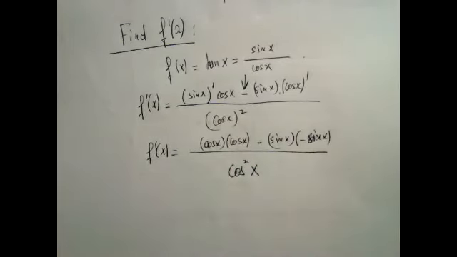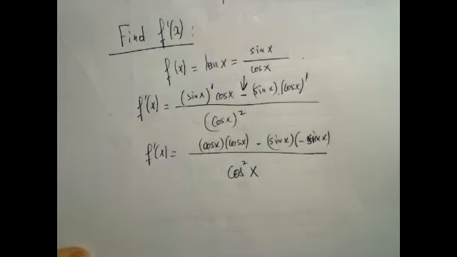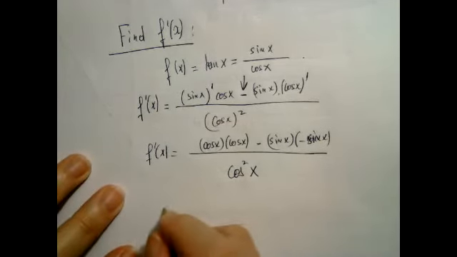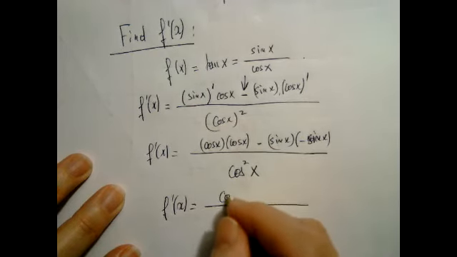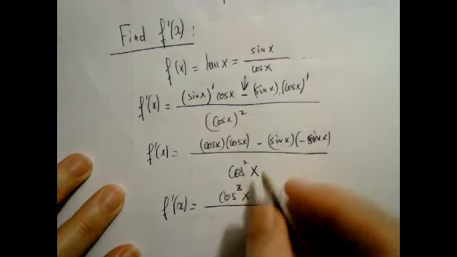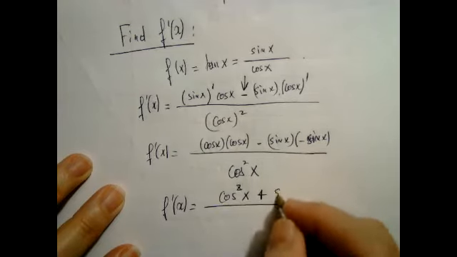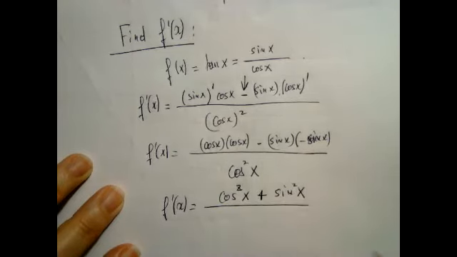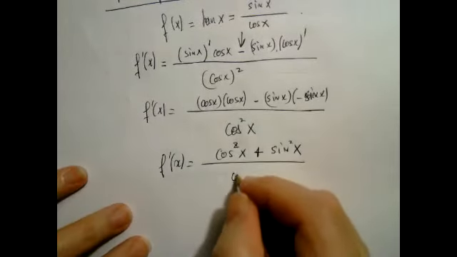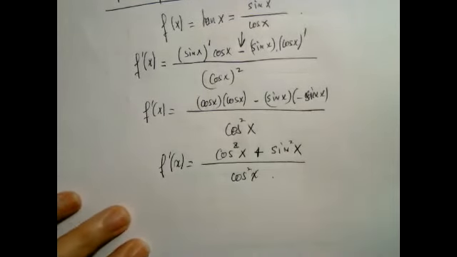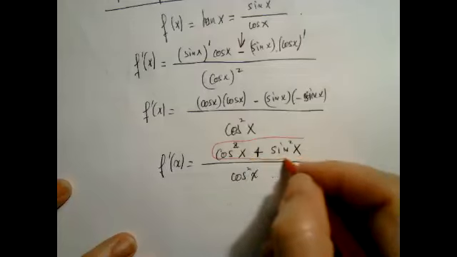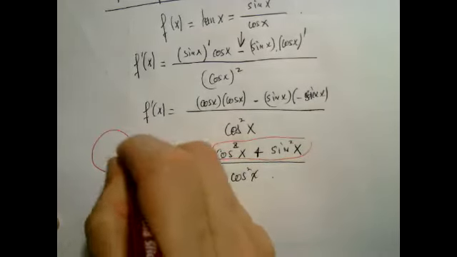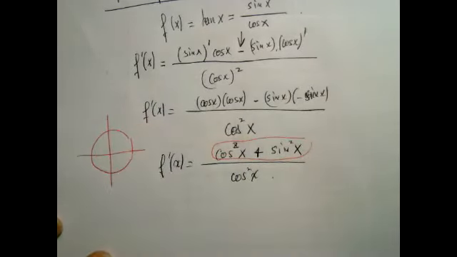Now, of course, we need to simplify a tiny bit because we need a formula that we should be able to memorize. So this will give me f prime of x equals cosine square, minus minus plus, the sine square, divided by the cosine square. Okay, and now, as we did a minute ago, cosine square plus sine square is the basic trigonometric identity, which follows from Pythagoras.